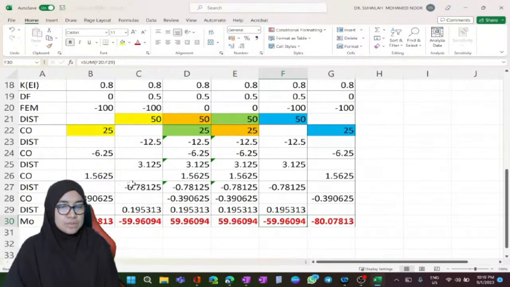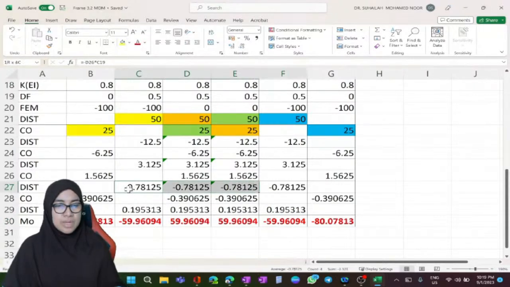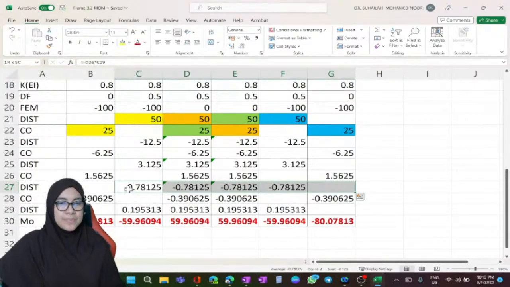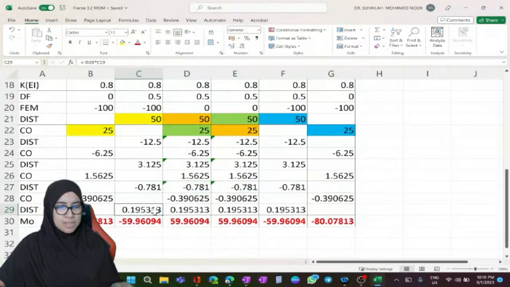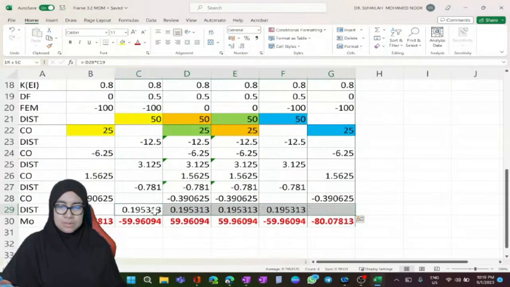Okay, so now I want to change this to 3 decimal places.